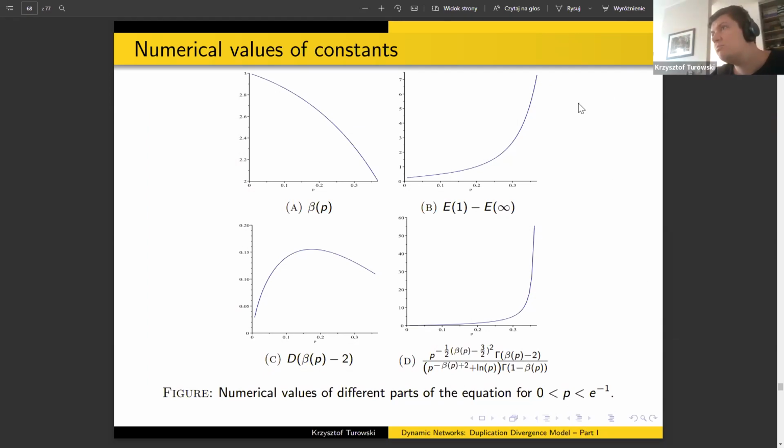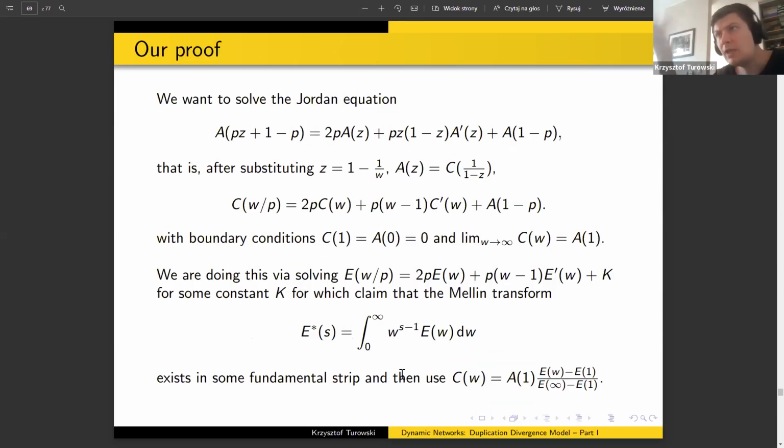Here it goes to infinity, here it goes to 0, and actually the value is undefined for 1 over e. Okay, what we did, we took Jordan's equation, we made a few substitutions, and we got the following equation with the value of c.